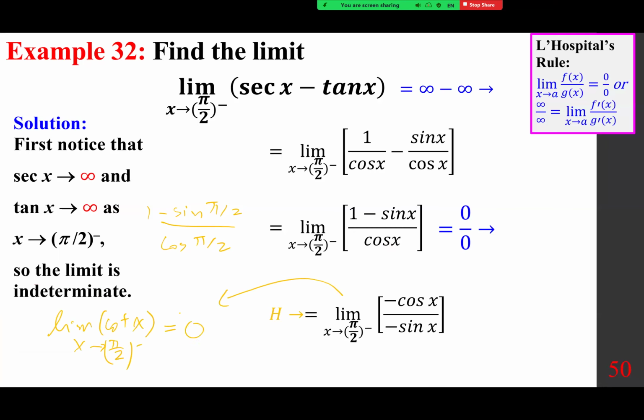Or you can plug in and say negative cancels out the negative. You no longer need the limit, and you write cosine of pi over 2 over sine of pi over 2, which makes it 0. Either way is fine. So the final answer is 0.